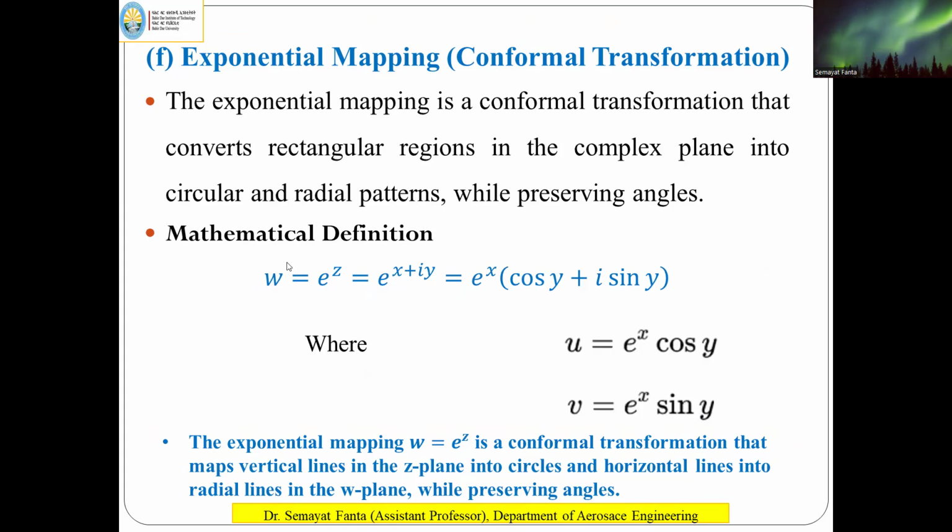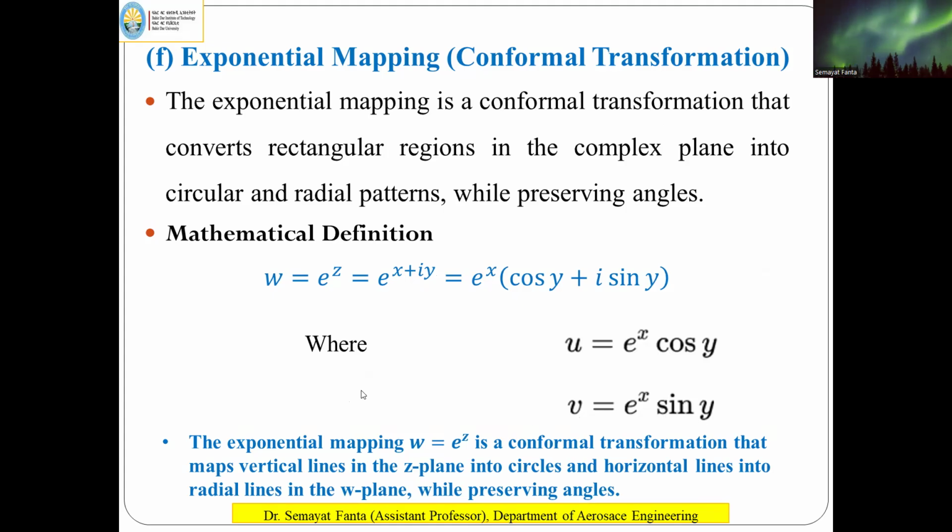For example, W equals e raised to z is the exponential mapping, which is e raised to x plus iy, which is e to the x times cos y plus i sin y. On that, the real part is u equals e to the x cos y, and the imaginary part is e to the x sin y.